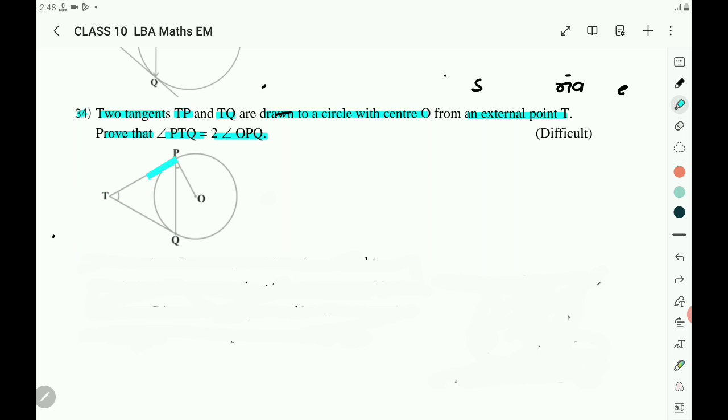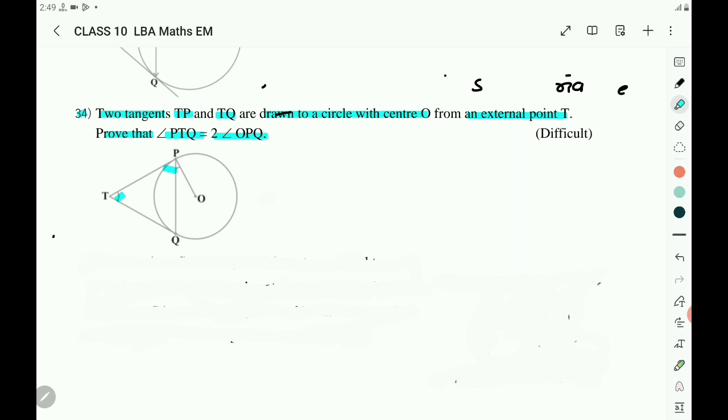First you consider the triangle TPQ. In that triangle, TP is equal to TQ. So angle TPQ is equal to angle TQP. Then you will get angle PTQ is equal to 180 minus these two angles. So angle TPQ is equal to 180 minus angle PTQ whole divided by 2.